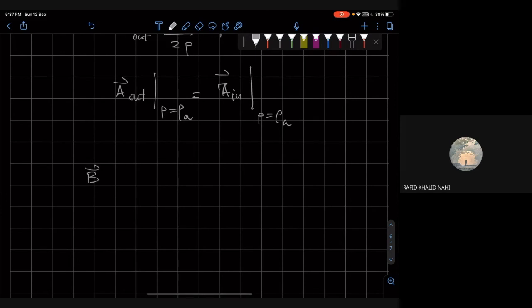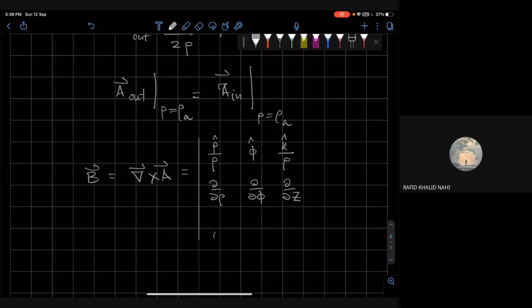Now, how do you find B? Well, B is the curl of A. And in cylindrical polar coordinates, the curl operator is given by rho hat, the unit vector in the rho direction, divided by rho, phi hat, the unit vector in the azimuthal angle direction, and k hat or z hat divided by rho, and then d by d rho, d by d phi, d by dz, acting on A rho, the rho component of the vector potential, rho times A phi, A z.